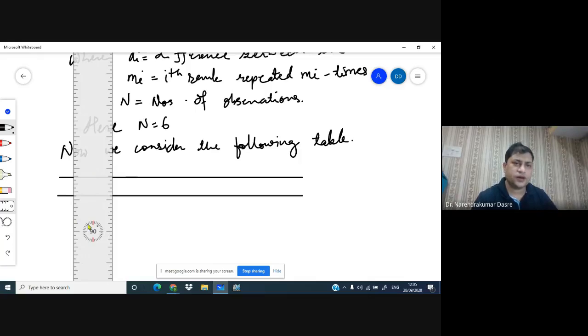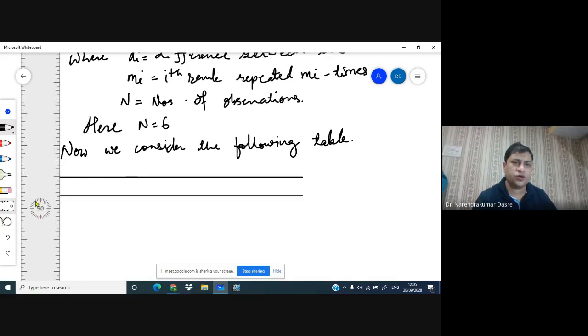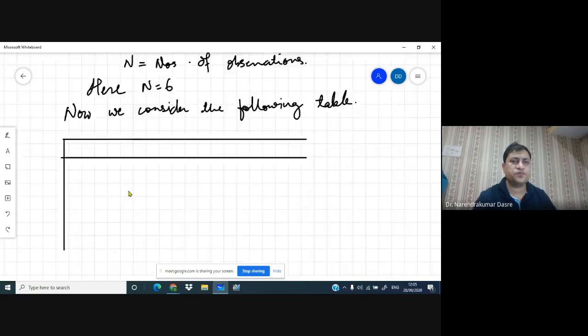What are the columns of the table that we know?